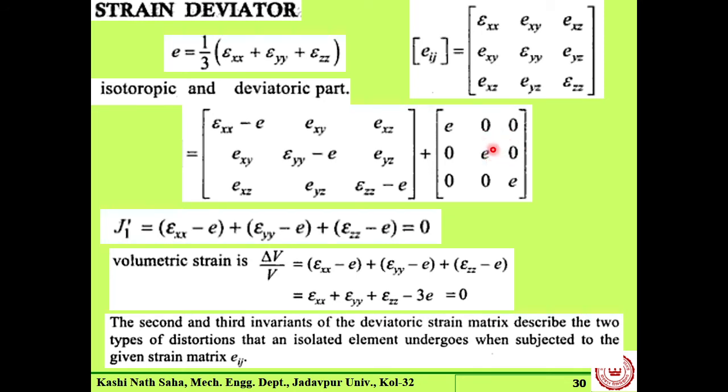Then we take the hydrostatic stress and uniform strain in one part, the deviatoric stress and deviatoric strain in another part. So, that is how further analysis is carried out, which we will see afterwards in our theories of failure, when we will establish the stress and strain relations.